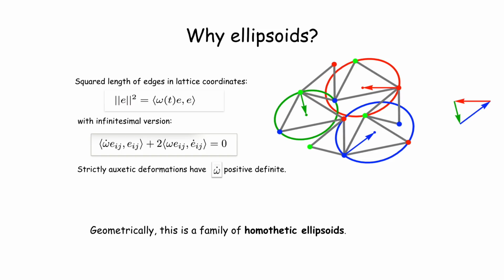But genuinely, if you distill the matter, it can be expressed in these 2 lines. So what do we know? We know that the bars must preserve their length. There's the equation expressing it, but in lattice coordinates.